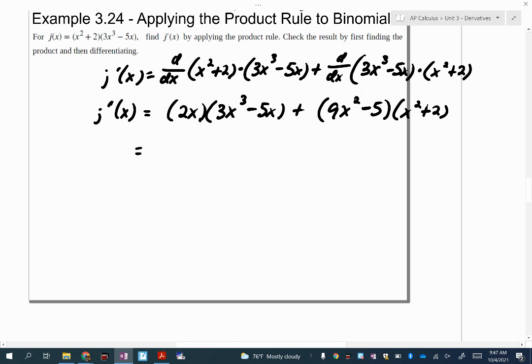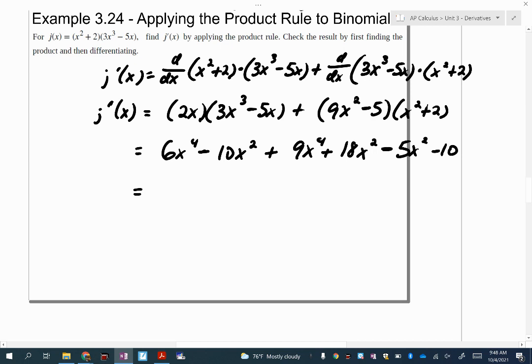So this is 6x to the fourth power minus 10x squared plus 9x to the fourth power plus 18x squared minus 5x squared minus 10. All right, let's get all our like terms.